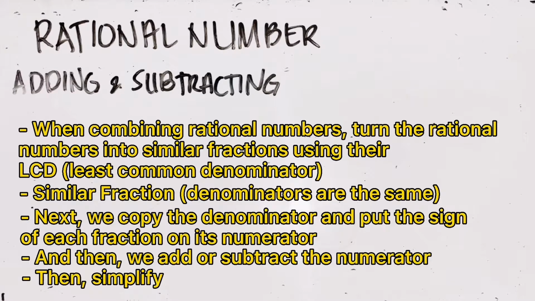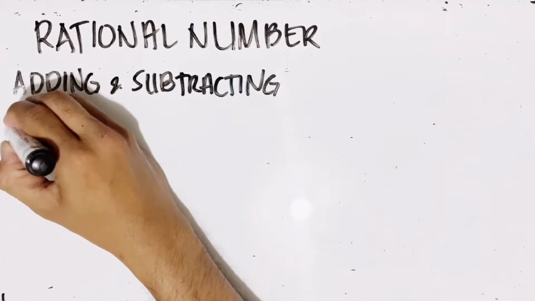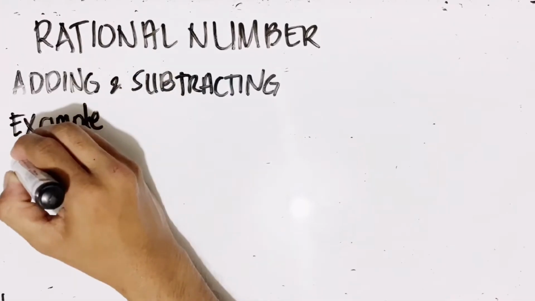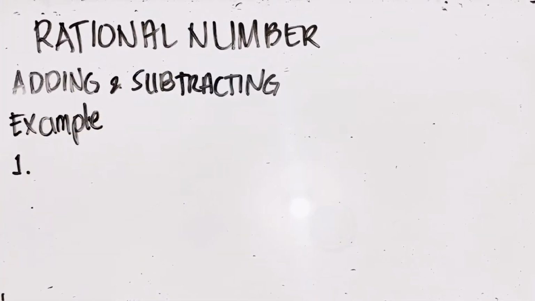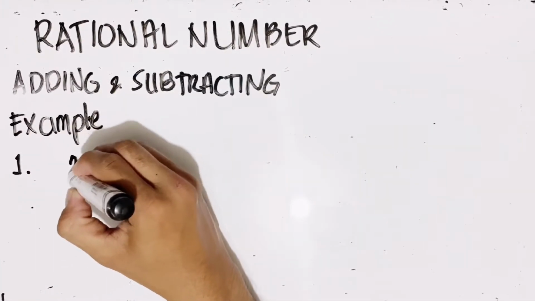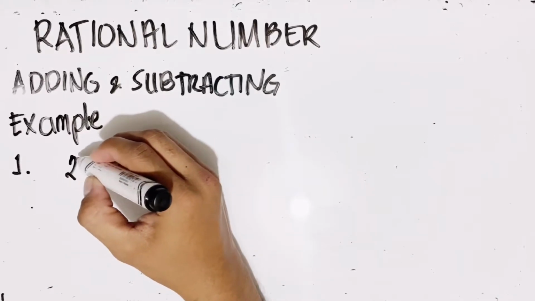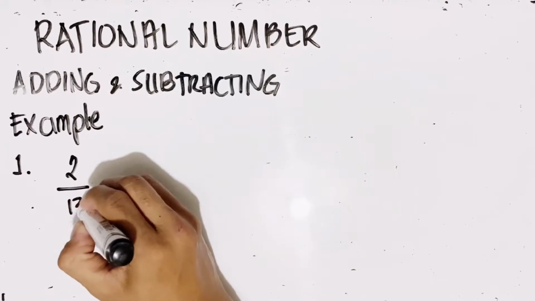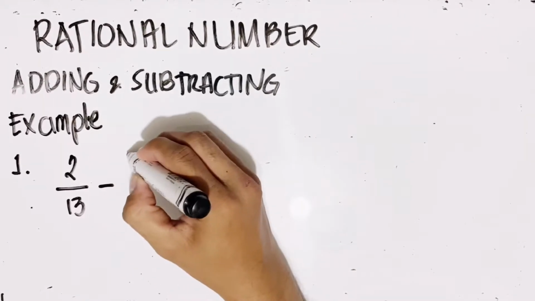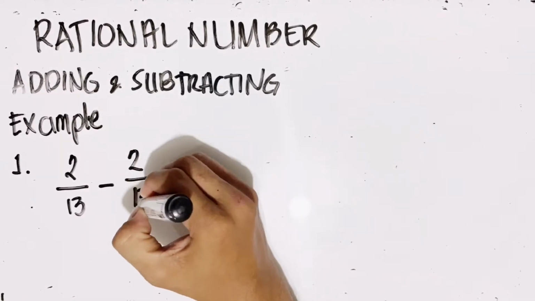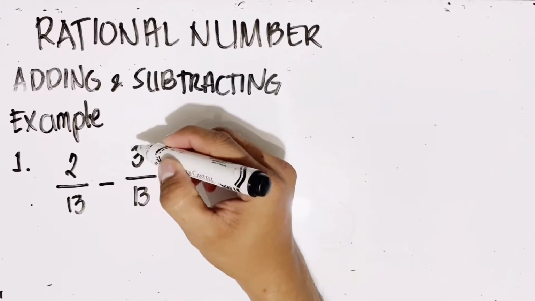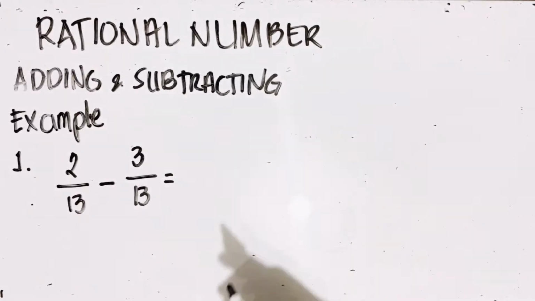For example, we have 2/13 minus 2/13. I mean 3/13.